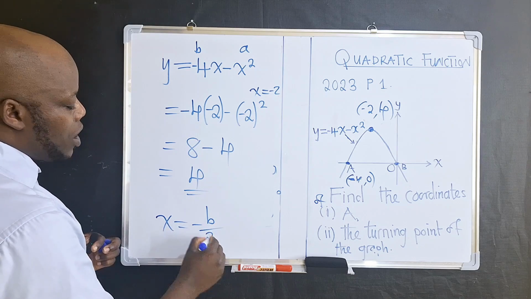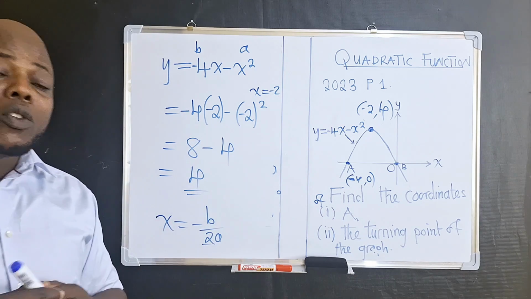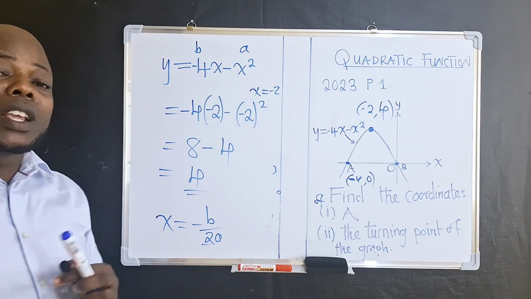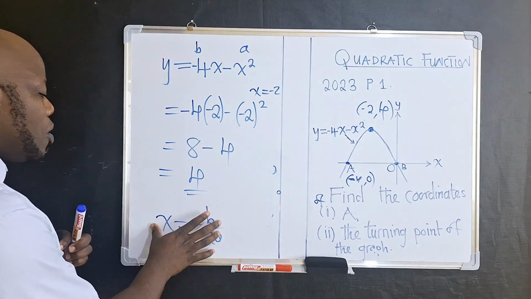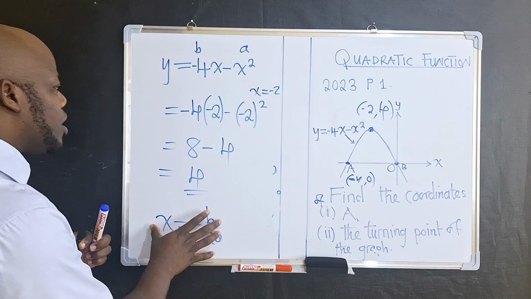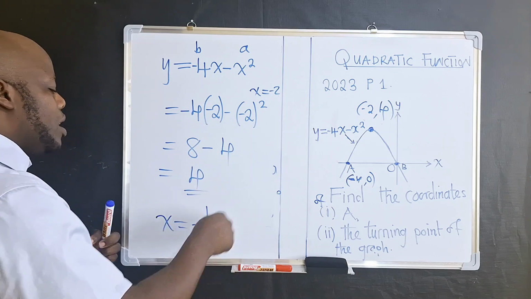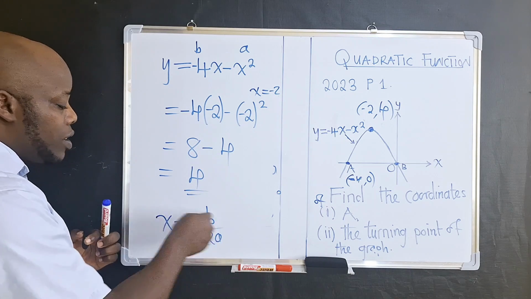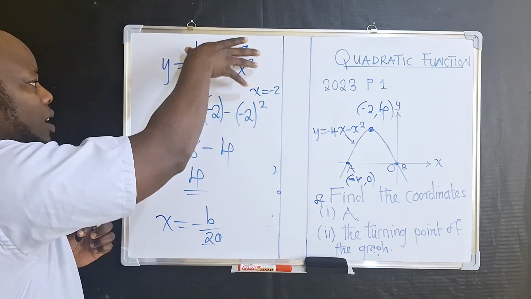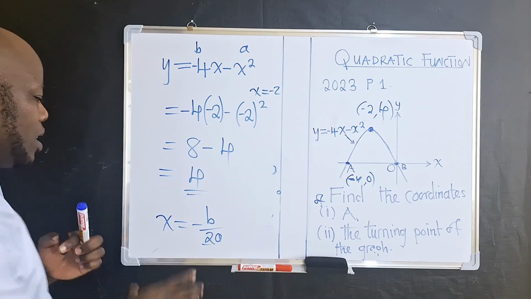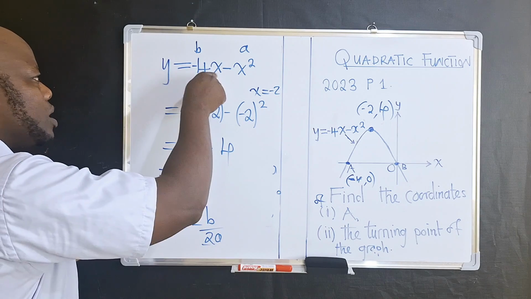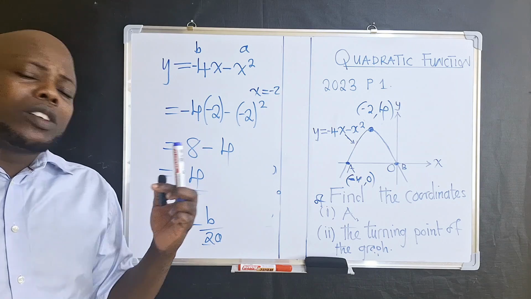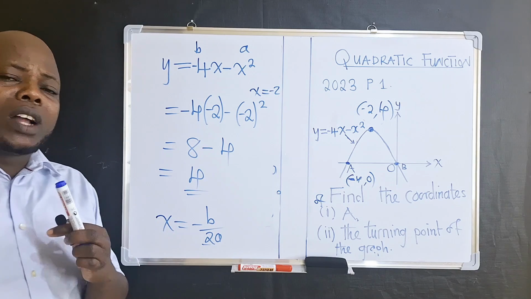This is a formula which is very easy to remember. Don't forget the negative sign on the formula. And when you get the value of x, to find the value of y, you depend on the answer which you get here. If you make a mistake here, it means even here there will be a mistake. So the answer which you find here, put it here and solve. That means you found the y value.